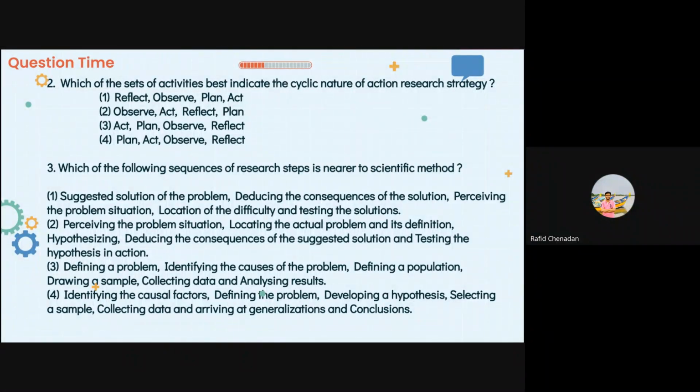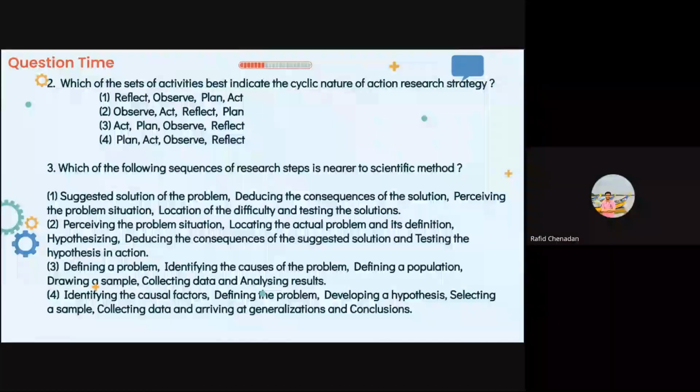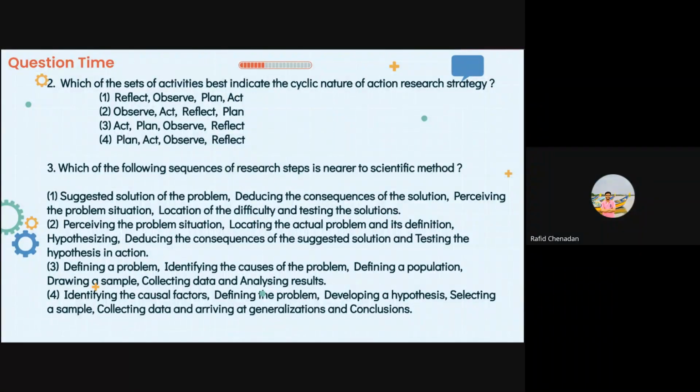Then comes observation. And in this question, please read the question fully whenever you read. Suppose you just read it as research strategy instead of action research strategy, you missed the action. You just read it as what is the best indicator of the cyclic nature of research strategy. Then you will miss the point.